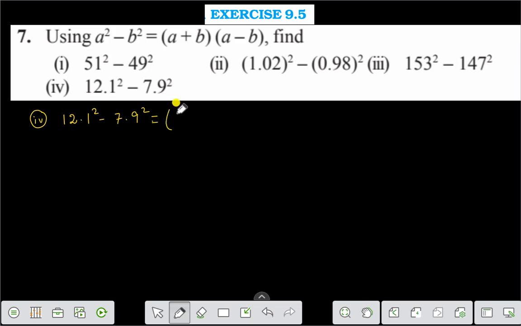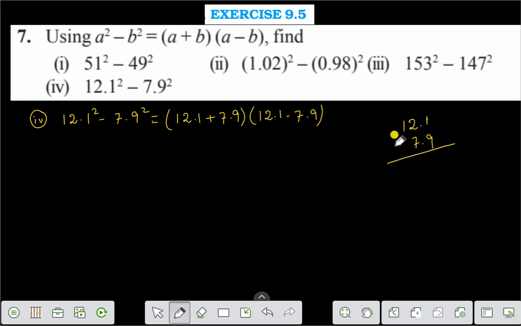Therefore, we are getting 12.1 plus 7.9 into 12.1 minus 7.9. We add 12.1 with 7.9.